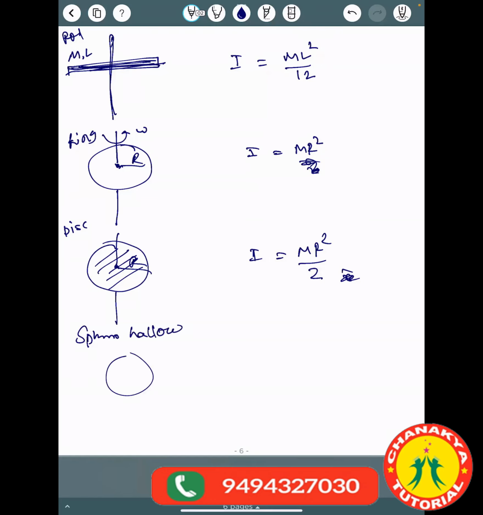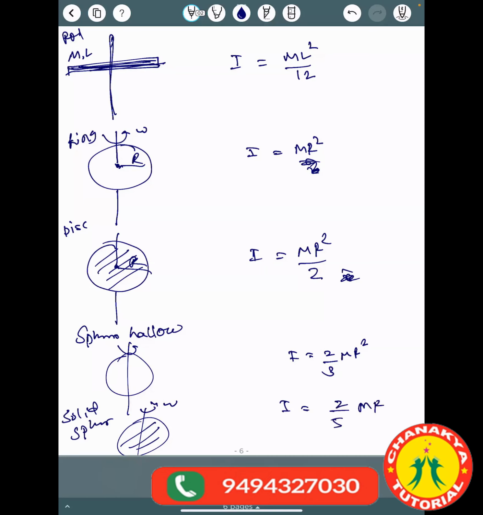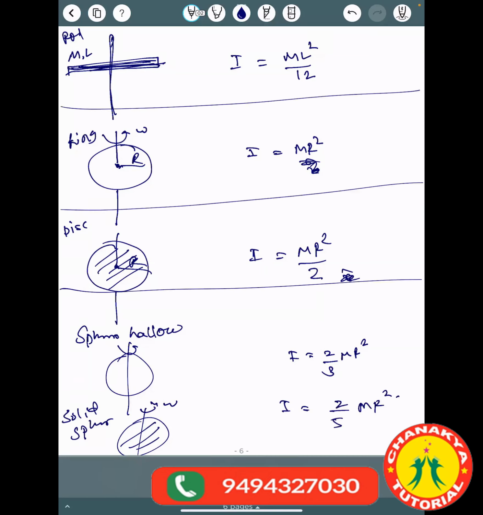For a hollow sphere, about its center, the moment of inertia is given by 2 by 3 mr square. For a solid sphere, the moment of inertia is given by 2 by 5 mr square. Any doubt? No, sir. Please note it down.